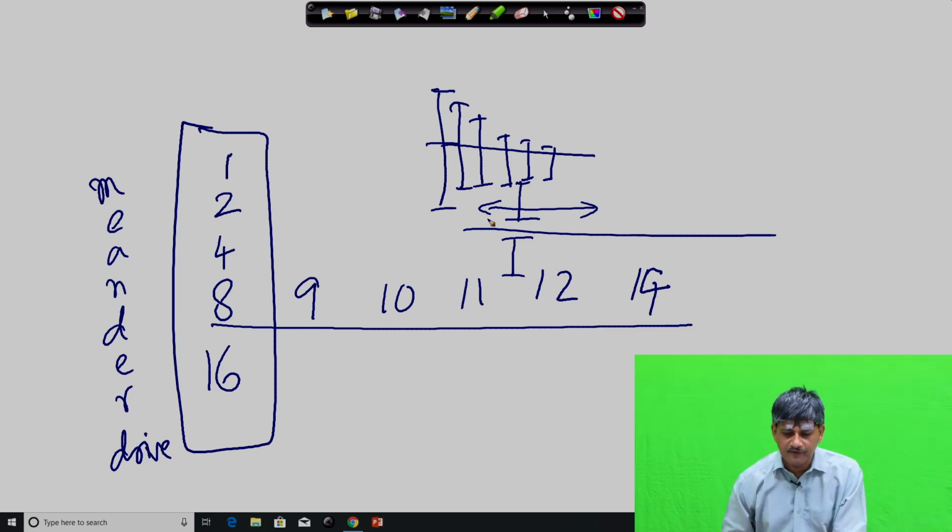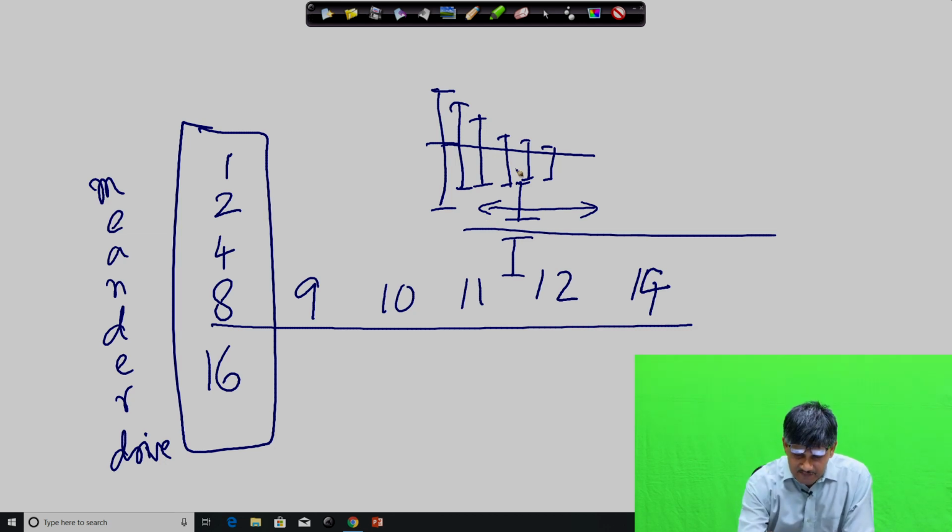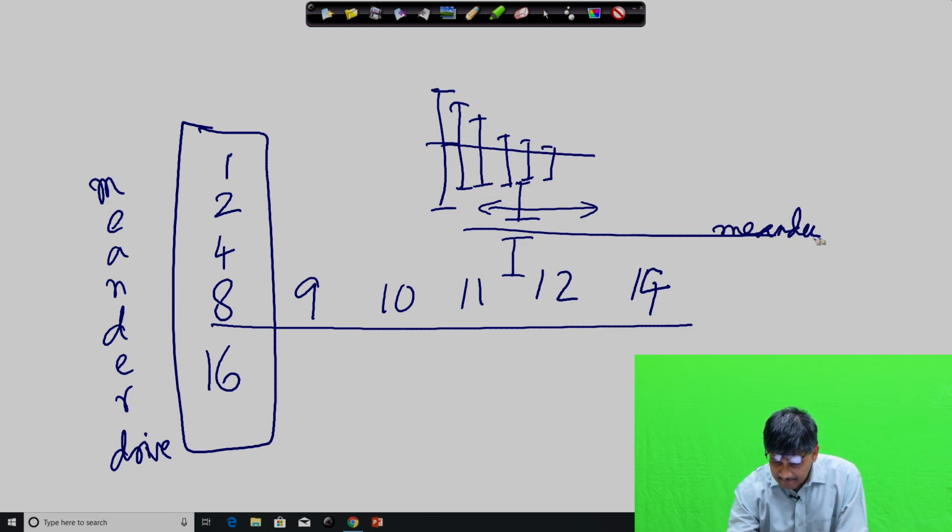You will find that I have given you animated pictures in the lecture, so that you will not be having much difficulty in understanding it. This one gives you all these pitches, successively, if you connect it up here, if you connect it up here. Now, where does this go? This generally goes to the meander drive here, and after that it connects up with the lead screw.